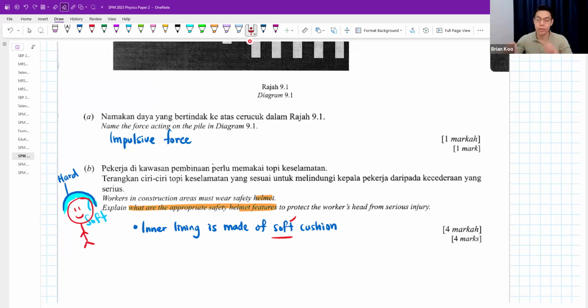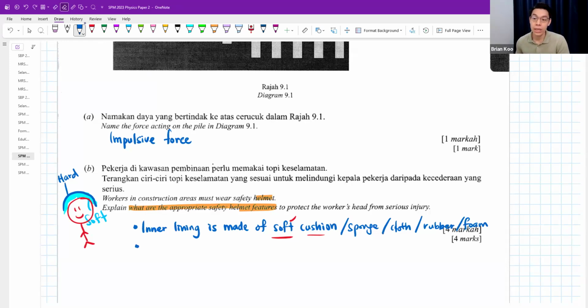The inner layer, okay, is made of soft cushion, can. Sponge, can. Made of a cloth material, can. Rubber, latex, foam, polystyrene, okay. Okay, why must it be soft?